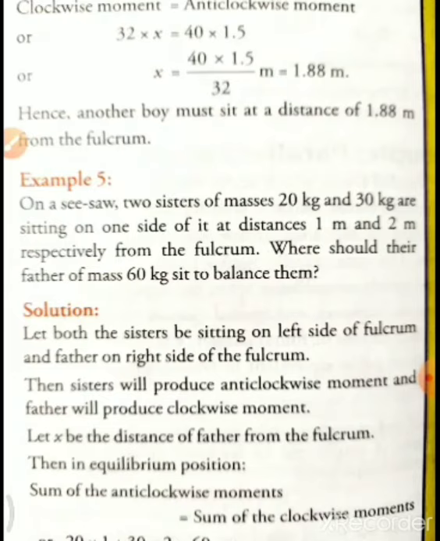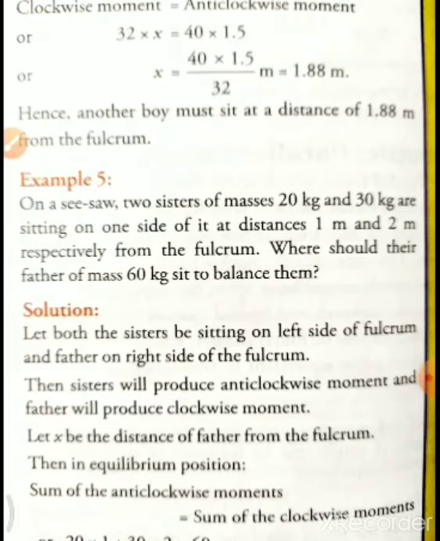Then the sisters, sitting on the left hand side, will produce an anti-clockwise moment, and the father will produce a clockwise moment. Let x be the distance of the father from the fulcrum. Then in equilibrium position, the sum of the anti-clockwise moments is equal to the sum of the clockwise moments.